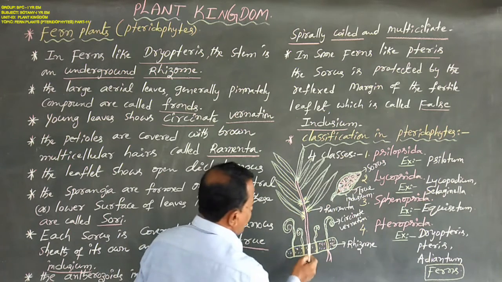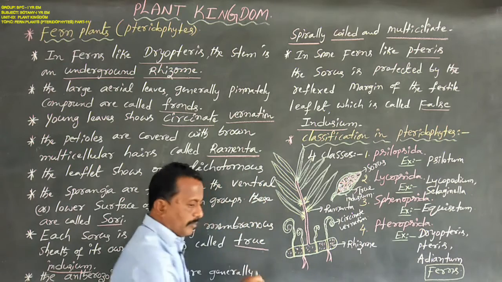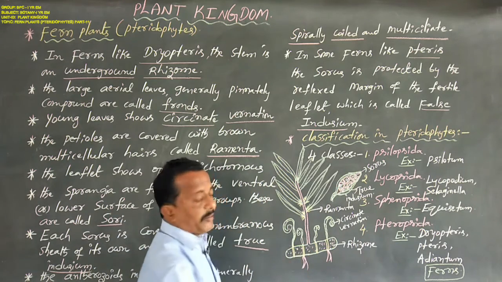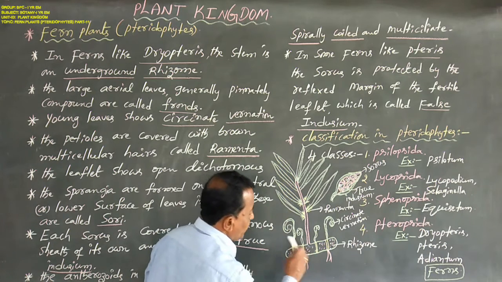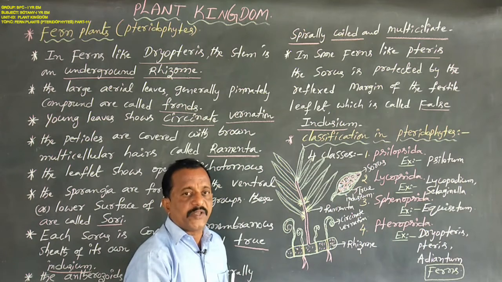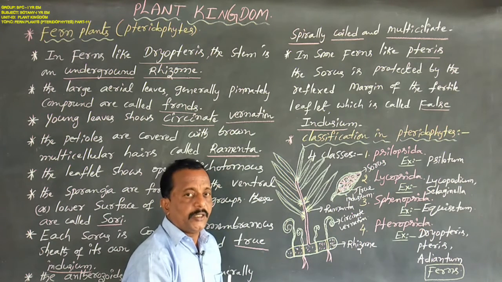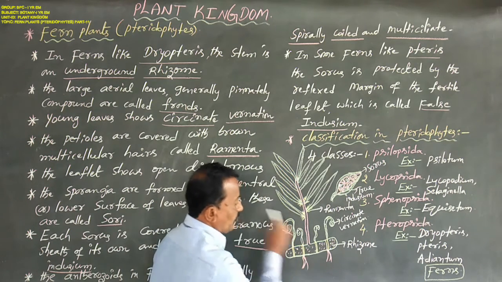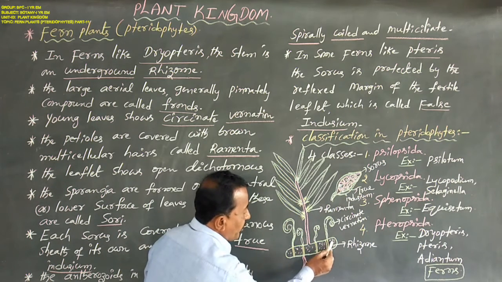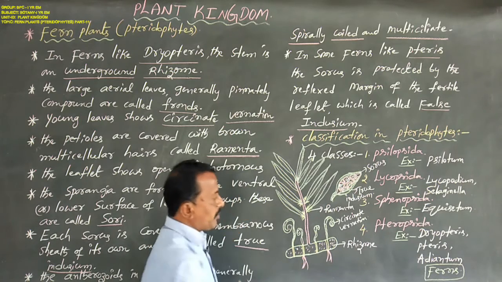The stem always grows underground, and it grows horizontally. That is a rhizome. This underground rhizome consists of nodes and internodes.